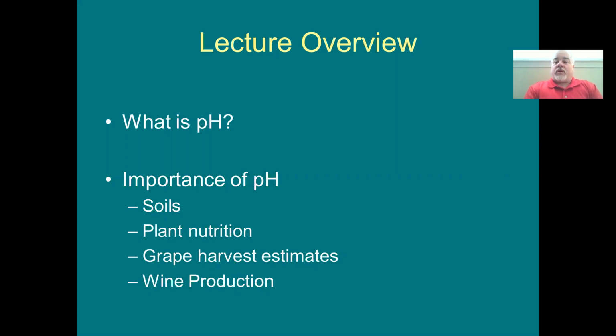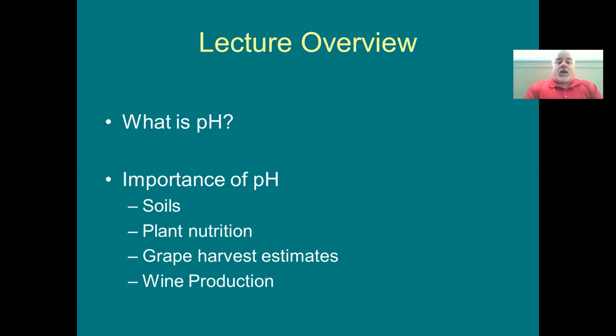And pH is important from two standpoints. We've talked a lot about grapes in terms of production out in the vineyard, and we've also talked about it in the winery. And pH is important in the wine as well as in the soil in the field, as well as the pre-harvest analysis and the developmental analysis of the grapes as they mature and get ready for harvest.